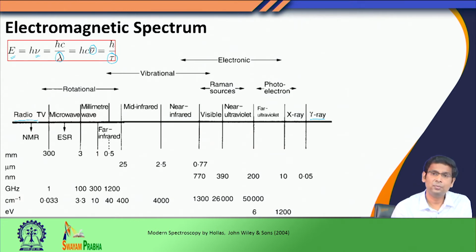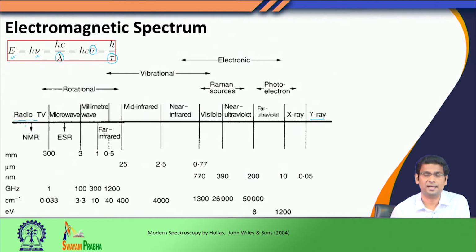Radio waves and TV waves have the highest wavelengths. That is why we use them for radio or television transmission, because we require waves which can travel far because of their large wavelengths, but these waves are associated with a very small amount of energy. The larger the wavelength, the less the energy associated.